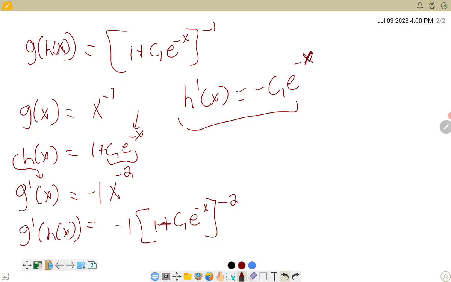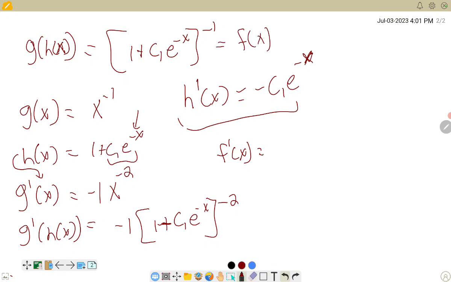But in any case, that tells us that our derivative of our original function, f prime of x, where f was equal to g of h of x, which was just this thing. Let me rewrite this as f of x.